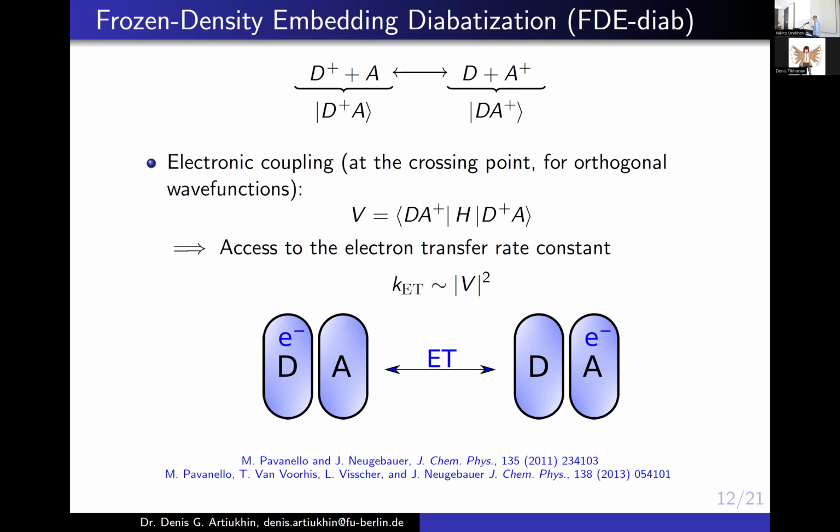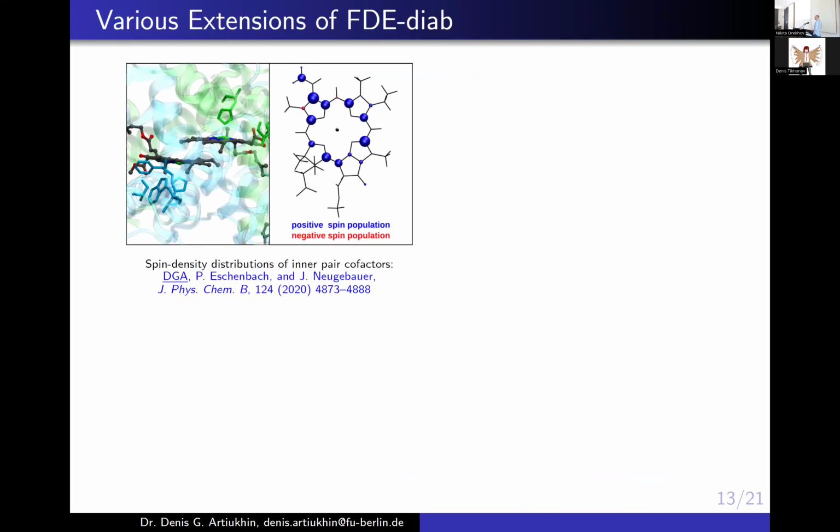So this was done quite some time ago by Michele Pavanello and Johannes Neugebauer. And I had my share of work trying to extend this approach and make it applicable to even larger systems. For example, I made it applicable to computing electronic densities, charge densities, and spin densities, in such a way that we can study how density redistributes between several molecules while being surrounded by huge protein environments.